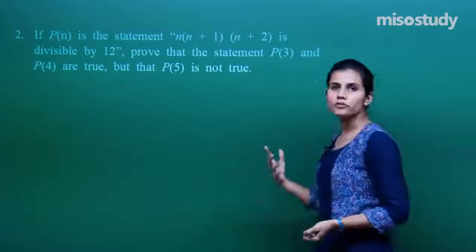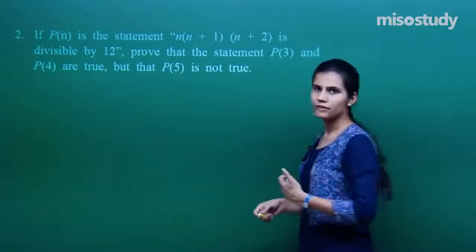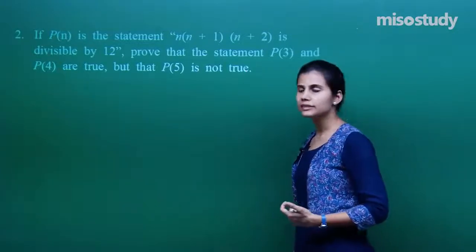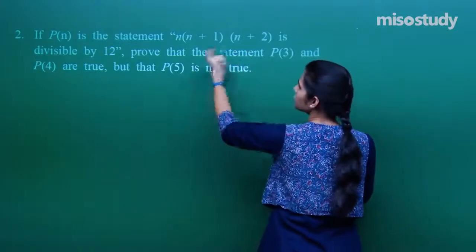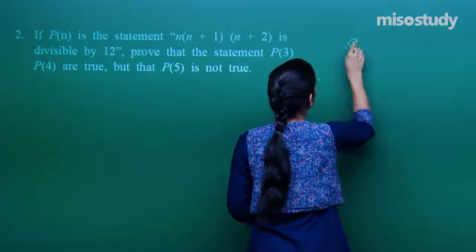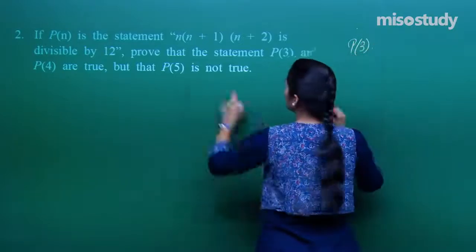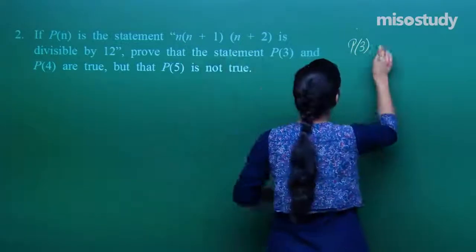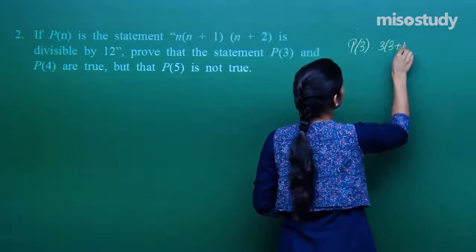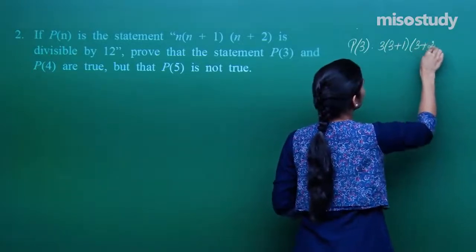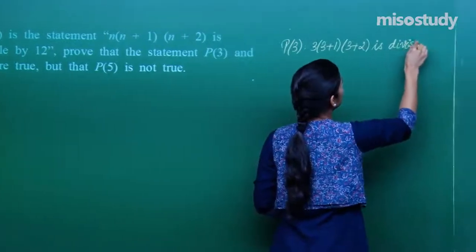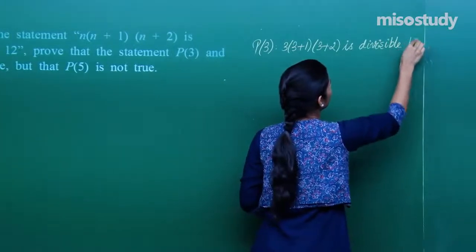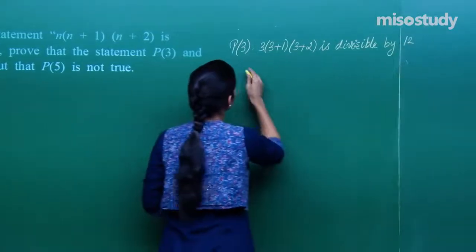So, already we know what we are supposed to show. P3 and P4 we have to show, verify, justify that it is true, and P5 is not true. Pn is n into n plus 1, n plus 2 is divisible by 12. If I talk about P3, it is 3 into 3 plus 1 into 3 plus 2 is divisible by 12.